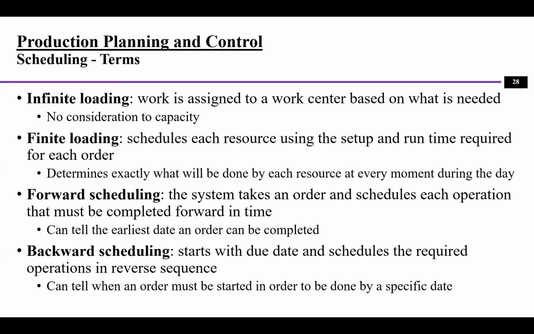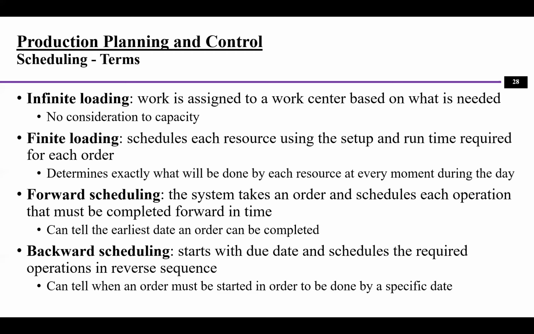Another type of scheduling is forward scheduling. Forward scheduling means we take an order and see the earliest time I can put it on the production line, and when it can be finished, right? So from forward scheduling, we can tell the earliest date that the order can be completed.